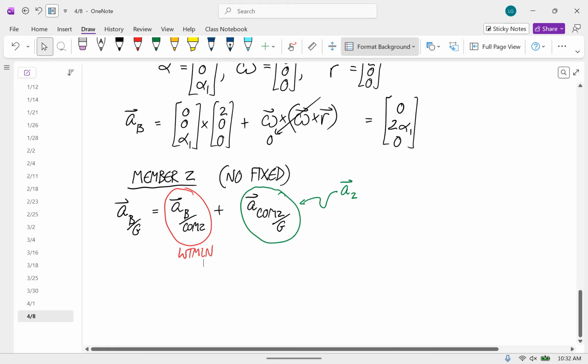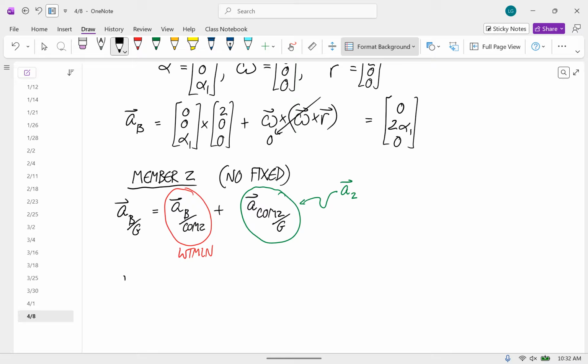Right? So the acceleration of B relative to the center of mass of 2 is equal to alpha cross r plus omega cross quantity omega cross r.